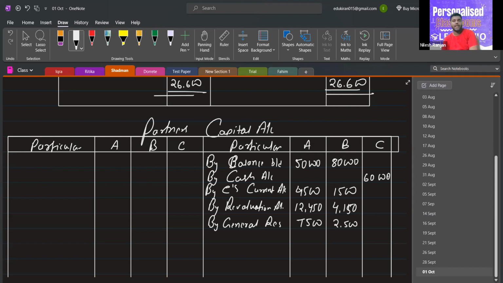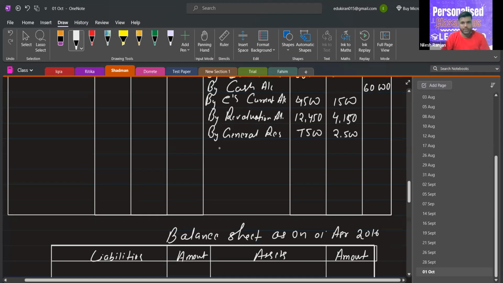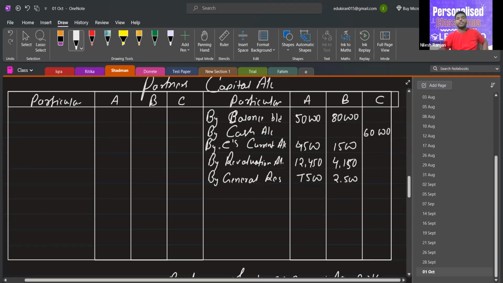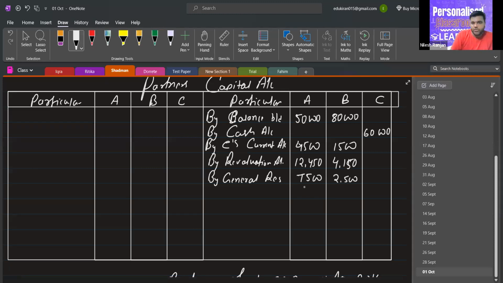Now the time for adjusted capital. For adjusted capital, there is no item we have to write on the debit side, and there is no item on the credit side also.